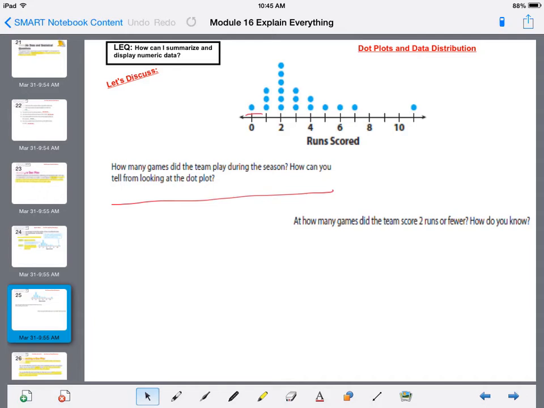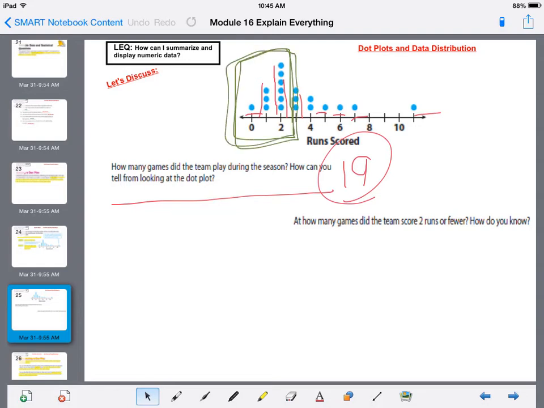So 1 plus 3 is 4, 5, 6, 7, 8, 9, 10, 13, 15, 16, 17, 18, 19 games were played. And how many games did the team score 2 runs or fewer? We're really just looking at this part right here of our dot plot distribution. So 6, 7, 8, 9, the answer here is 10 because we look at 2 runs scored or less.